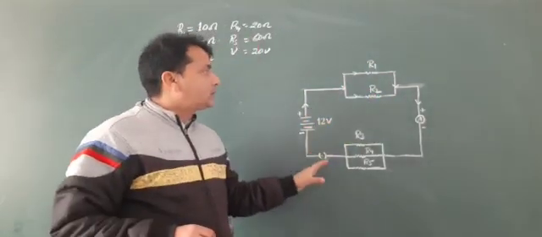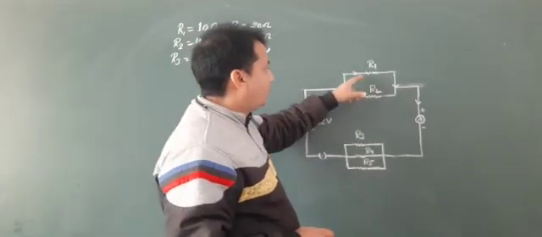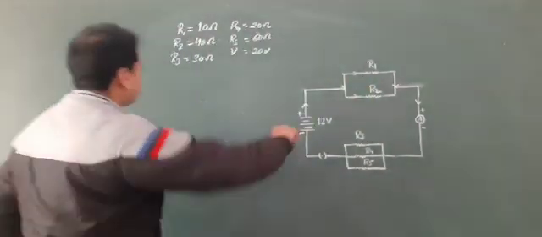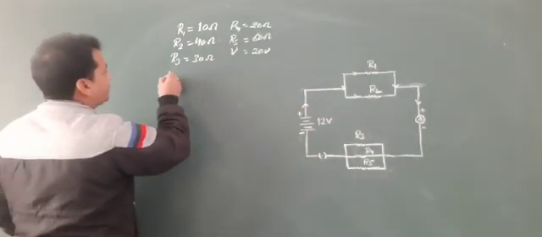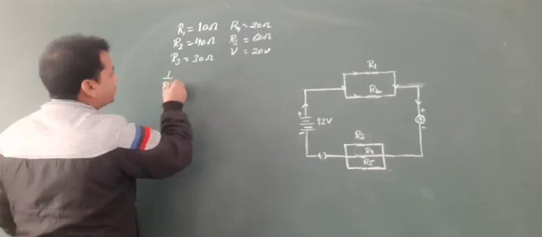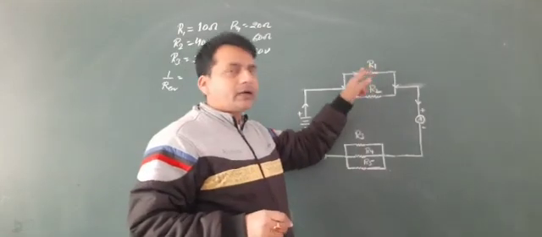Now first of all, calculate the equivalent or effective resistance of R1 and R2. Suppose that 1 by R equals the equivalent resistance of R1 and R2.